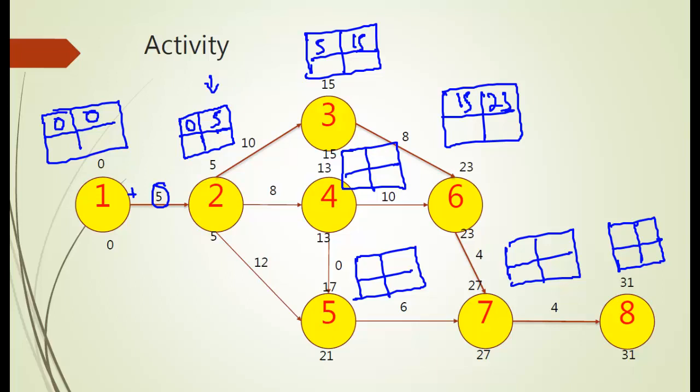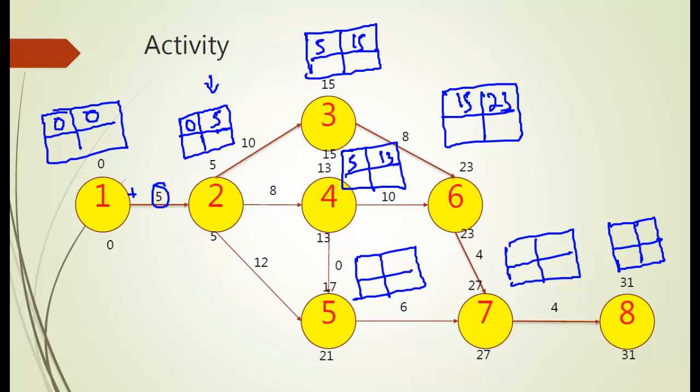Now 7 comes from two ways, so I need to calculate these nodes first. I have calculated 2, let me calculate 4. The 4 has only a single predecessor, that is 2, so 2 finishes at 5, so it starts at 5 and ends at 5 plus 8, that is 13.